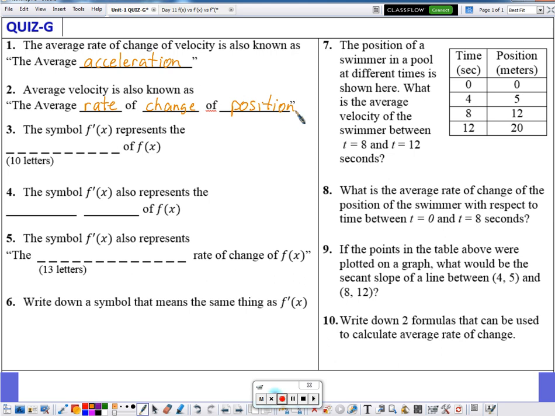I would have made some sort of Wheel of Fortune game for all these numbers. Okay, three. Let's go, David. Derivative. Nice. Number four, Rachel. Nice. Please, Connor. Perfect.